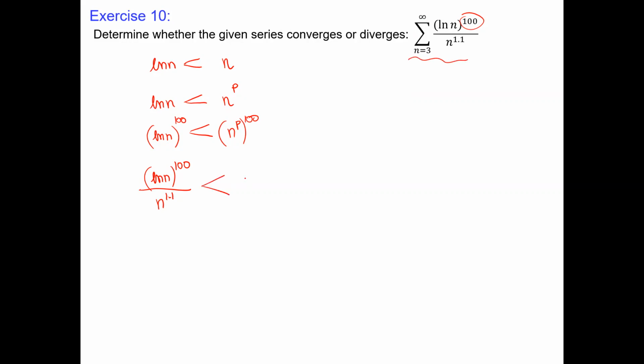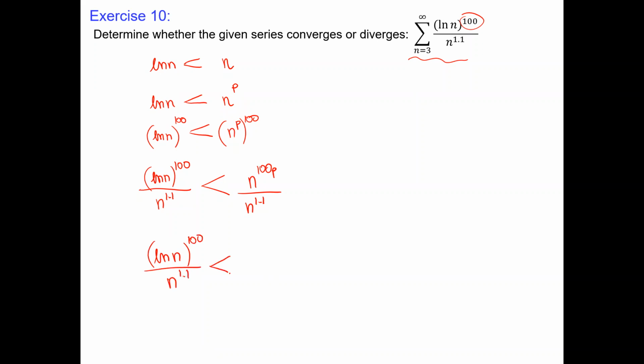The inequality still works. Because when we have p and 100, we can multiply to get 100p. Now this is our formula, so I don't even have to repeat it.